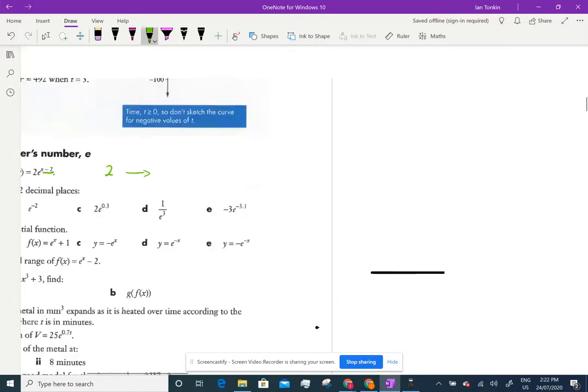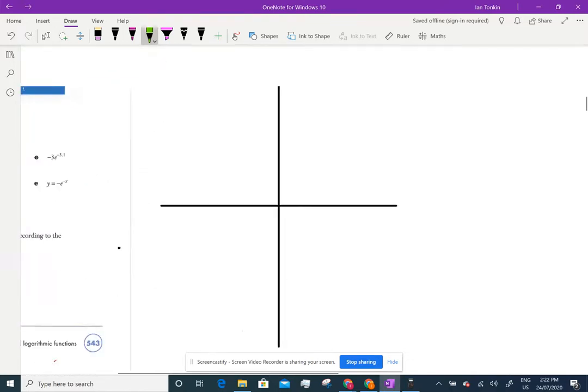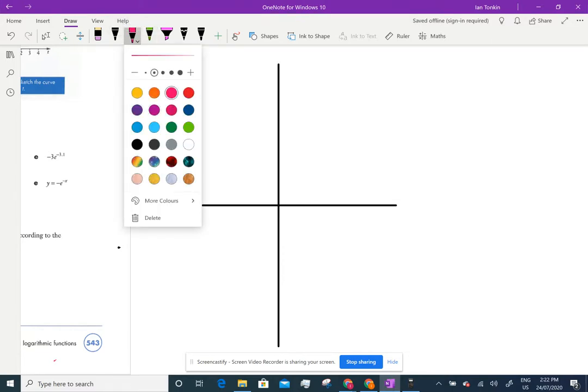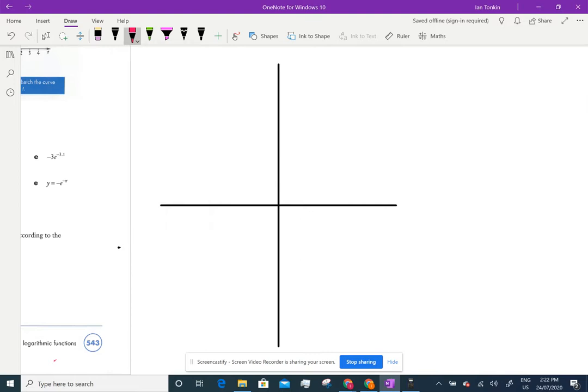So if I go over here now and look at my curve. Forget about the 2 for the moment. Imagine if I just had y equals e to the x. Y equals e to the x would go through there at the point 1. And if I pushed it 2 to the right, that would put it there. It'd still be the same curve, but it'd be going there. This would be 2, and that would be 1.